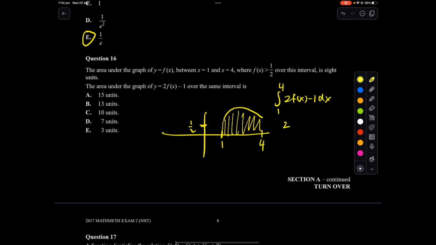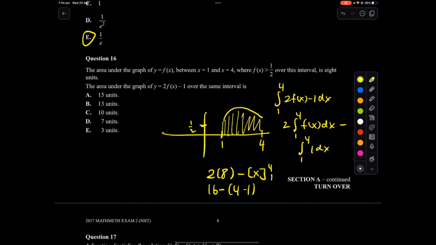So that's the integral from 1 to 4 of f of x dx minus the integral from 1 to 4 of 1 dx. And we know that the integral from 1 to 4 of f of x is 8. So 2 times 8 minus x from 1 to 4, which is 16 minus 3, which is 13. Choose B.